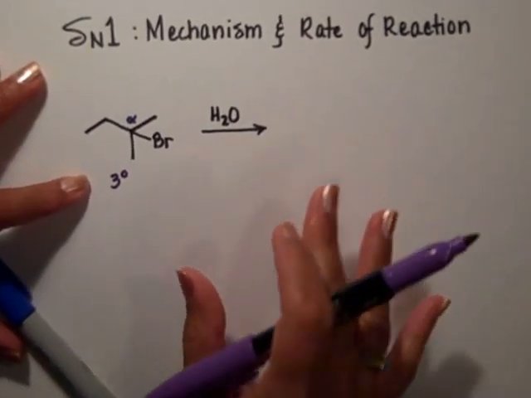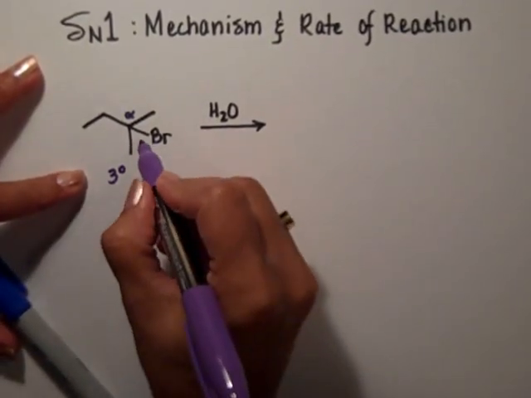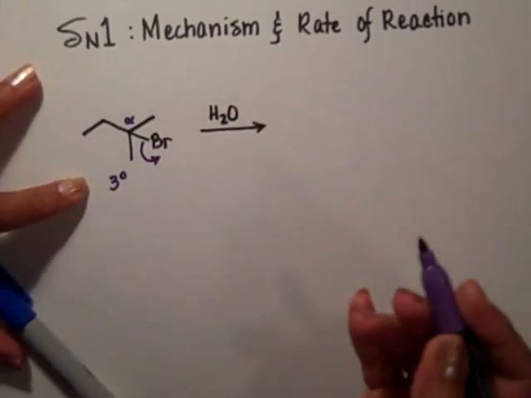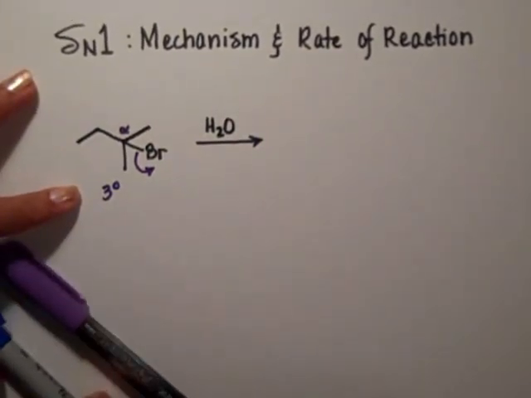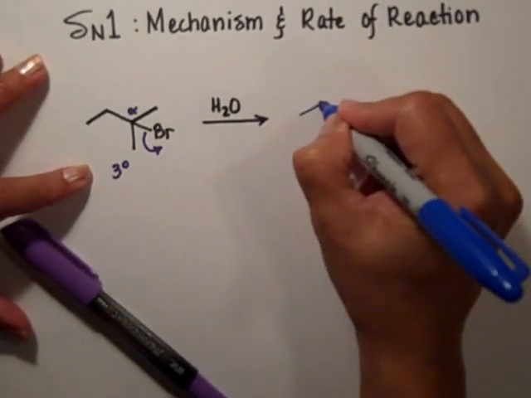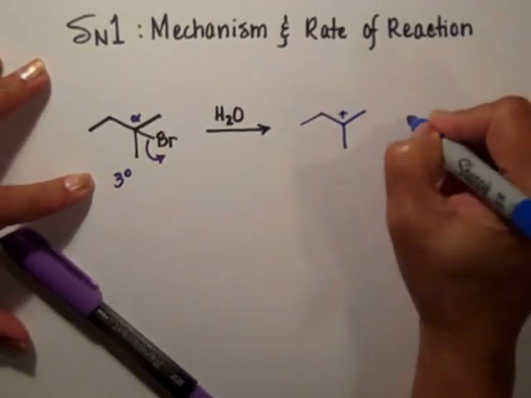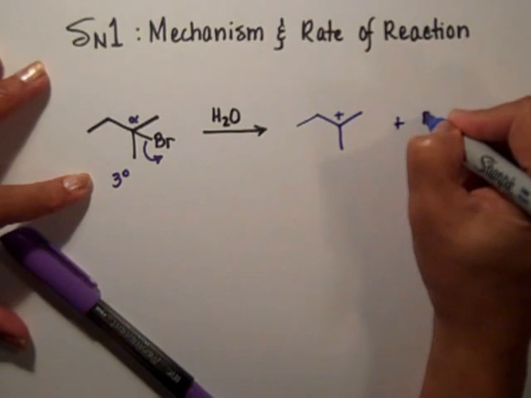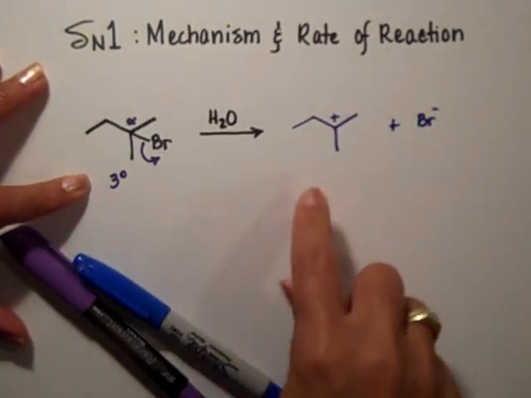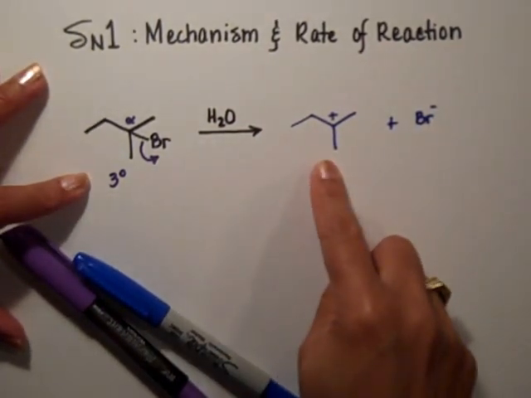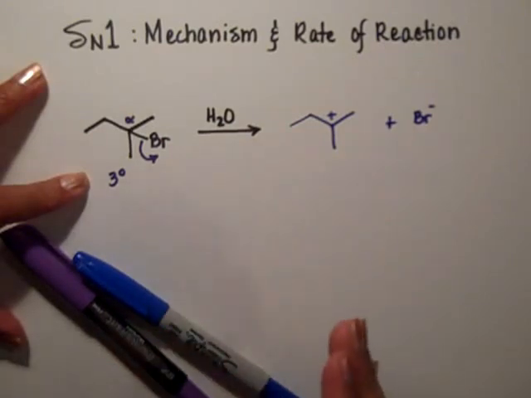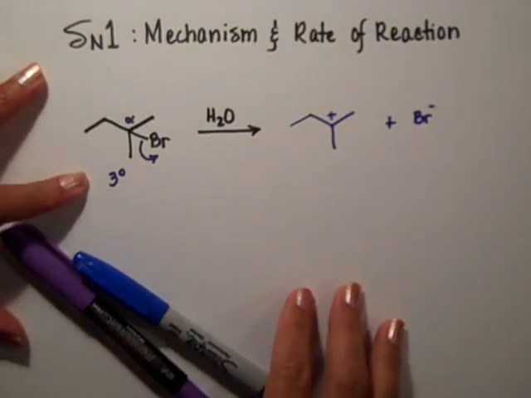And the first thing that's going to happen is that the halide is going to leave. Yep, it's going to pack up and leave, and it's going to form an intermediate carbocation. Well, that is important because this carbocation right here has to be stable, and only tertiary and secondary carbocations can be formed.